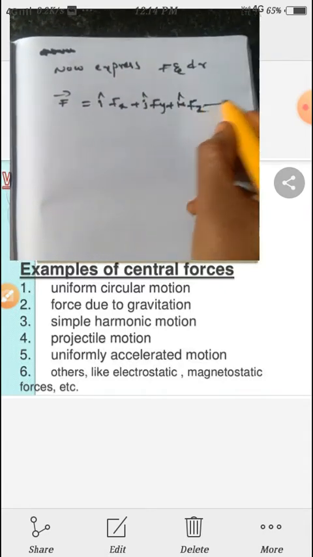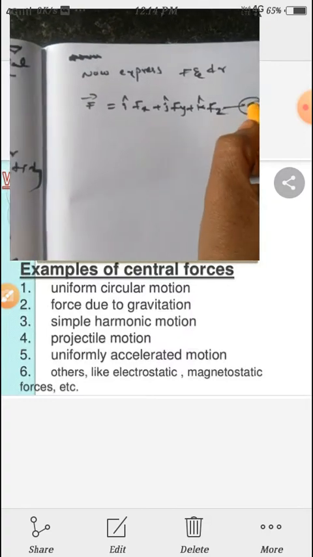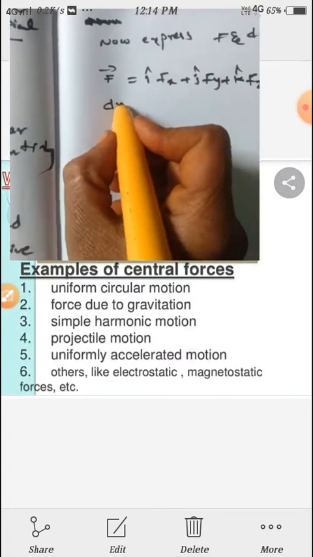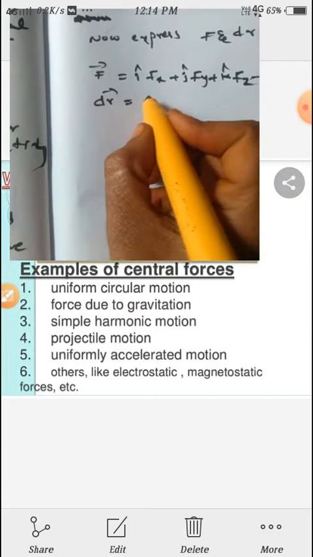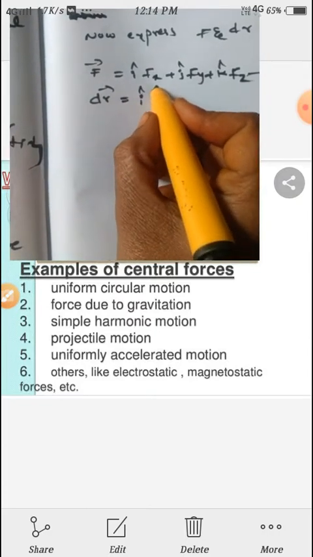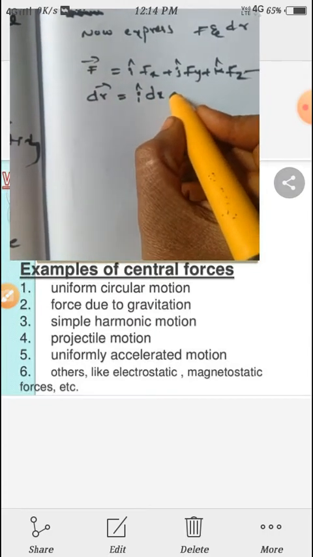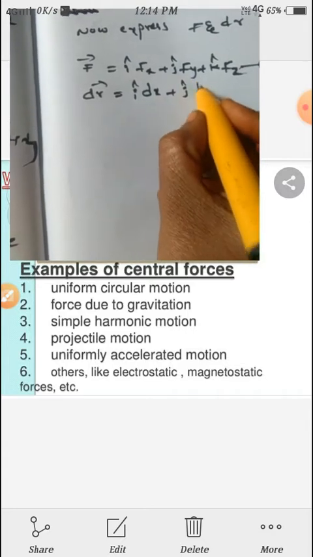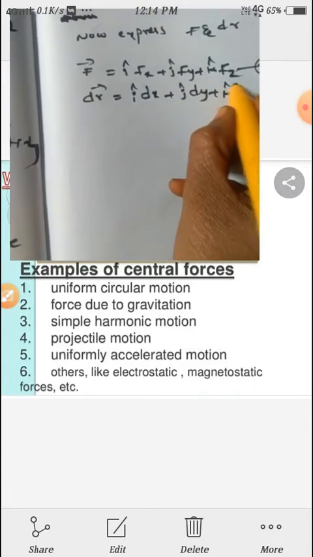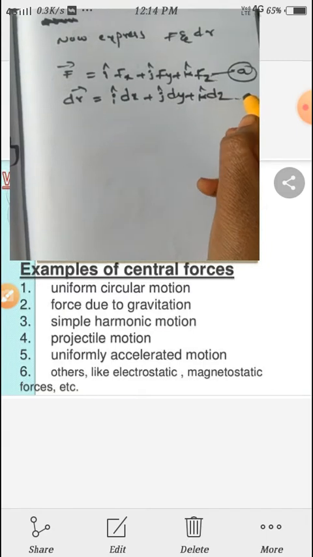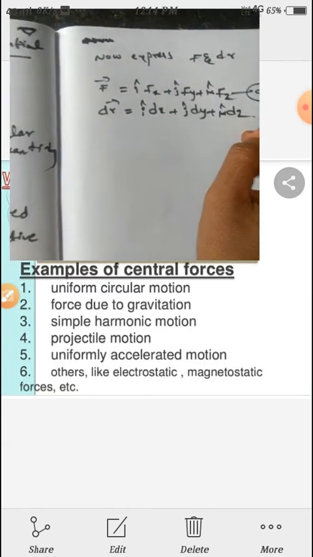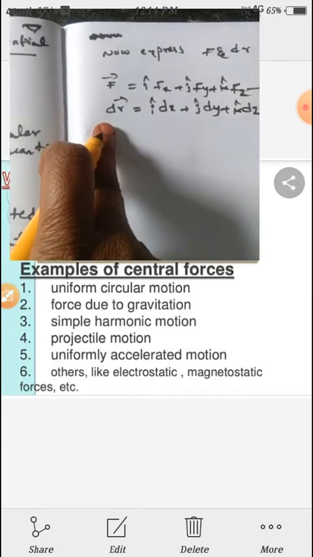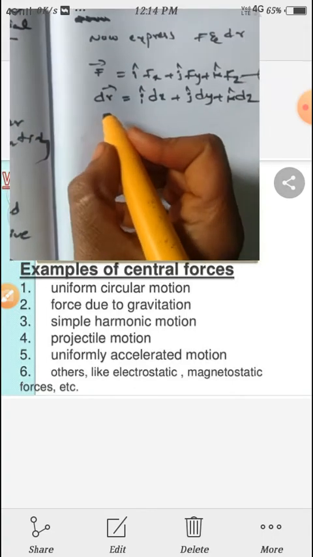This is considered as equation A for understanding purpose. dr, the position vector, is represented as i cap dx plus j cap dy plus k cap dz. So here dr is the distance moved by the particle.